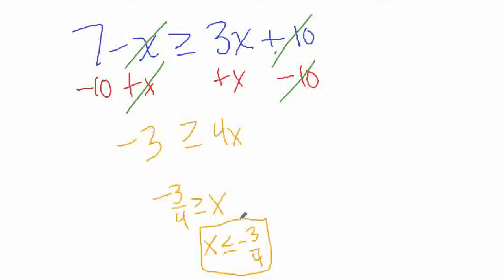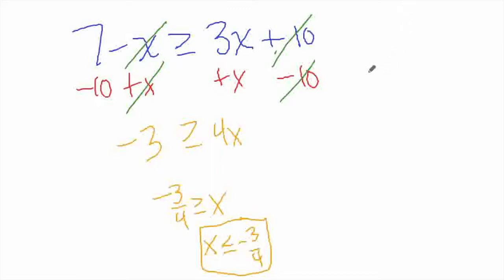Again, if you want to check, go ahead and plug in a value that satisfies that inequality and see if it works. So what is a value that is less than negative 3/4? Well, how about minus 1? Minus 1 is less than minus 0.75.